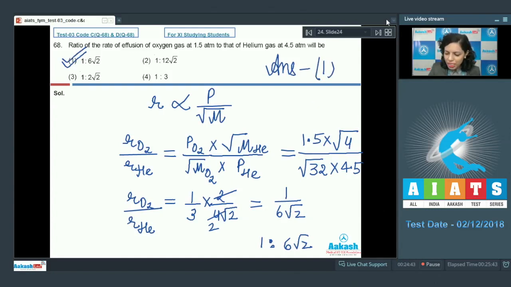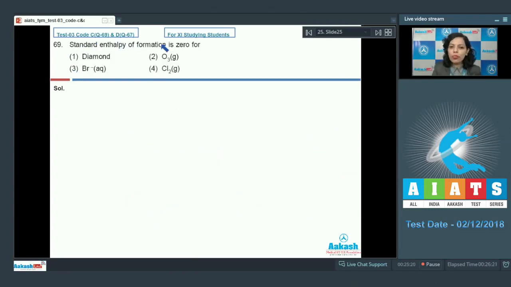Now let's check question number 69. Standard enthalpy of formation is 0 for? We have different options given here, and we should always know that the naturally occurring most stable form of an element has 0 standard enthalpy of formation. If you look at the given options, diamond does not have standard enthalpy of formation as 0 because it is not considered the naturally occurring most stable form of carbon.